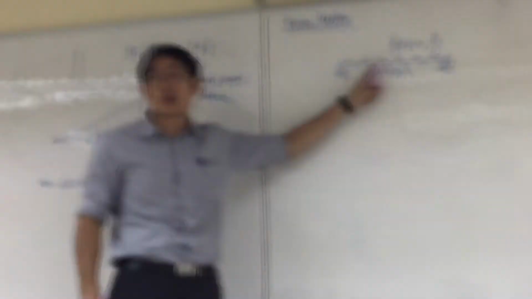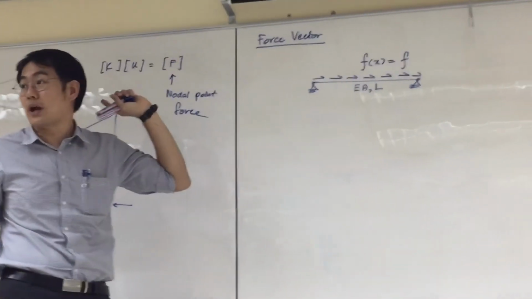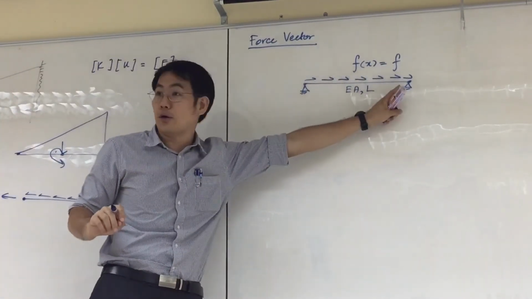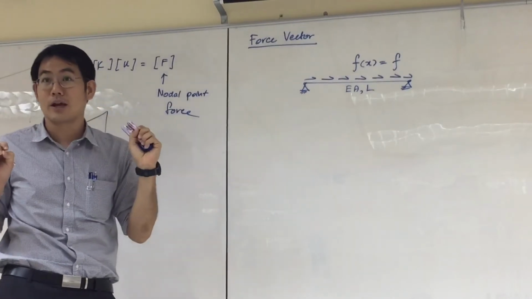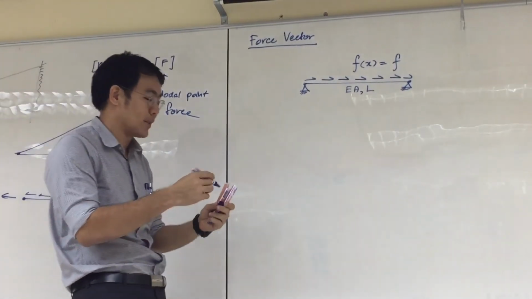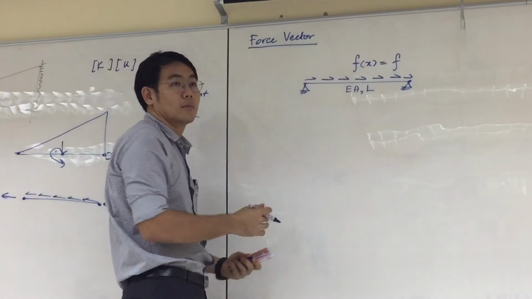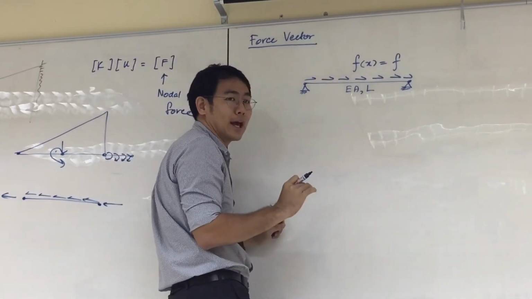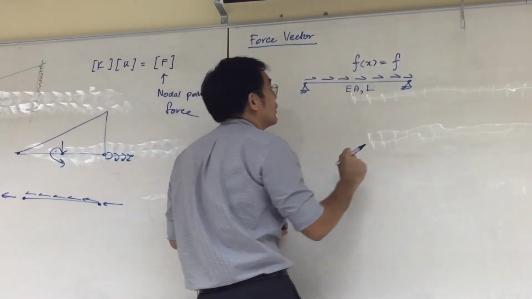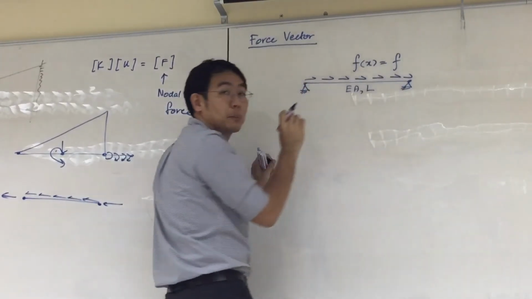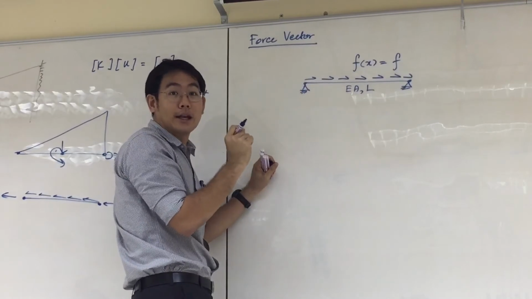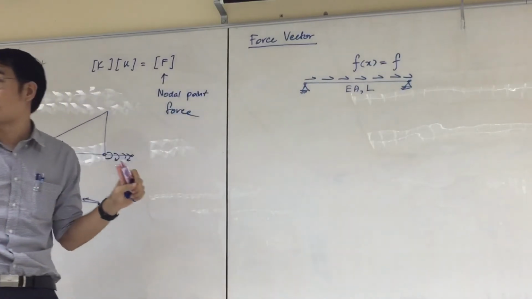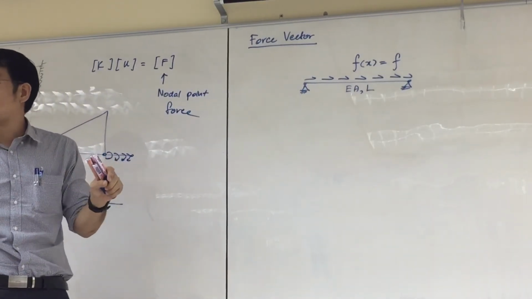Because you cannot put this into this system of equations. We formulate our equation based on the nodal point, so that's how the equation is formed. How to do it? Pretty much the same idea as before. We try to find the corresponding forces that are required to keep these two nodes stationary. It is a little different from before.